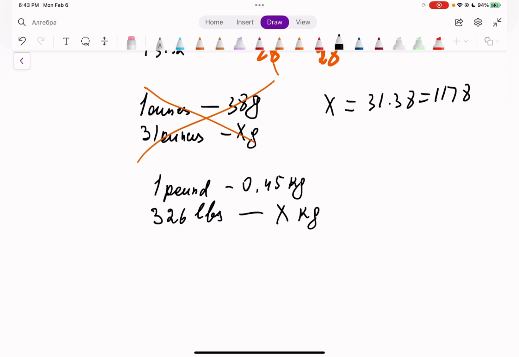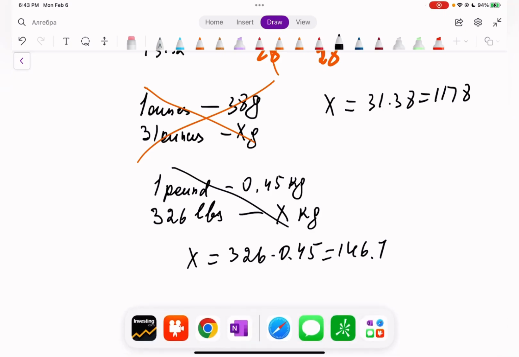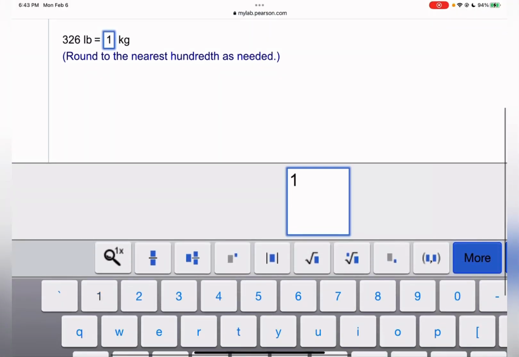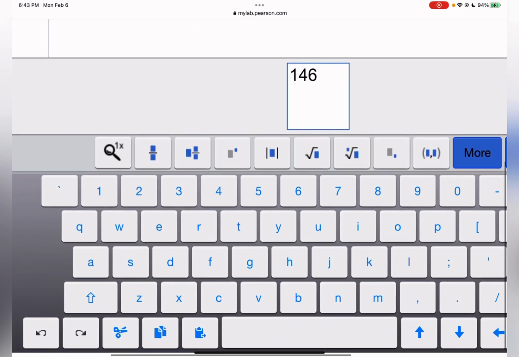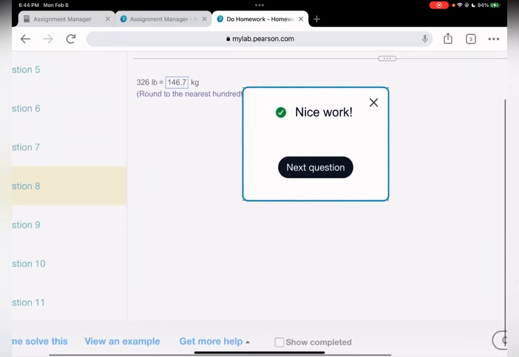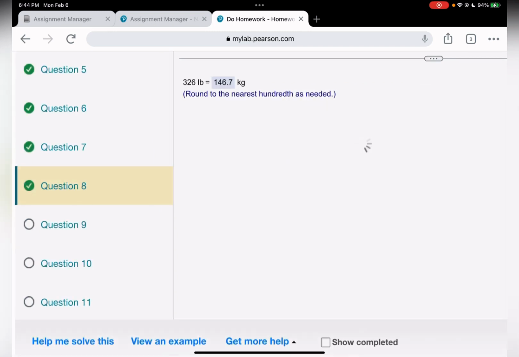So pound under pound, kilo under kilo. So 1 times X is X, and 326 times 0.45, and we are getting 146.7. Very good. We solved this one.